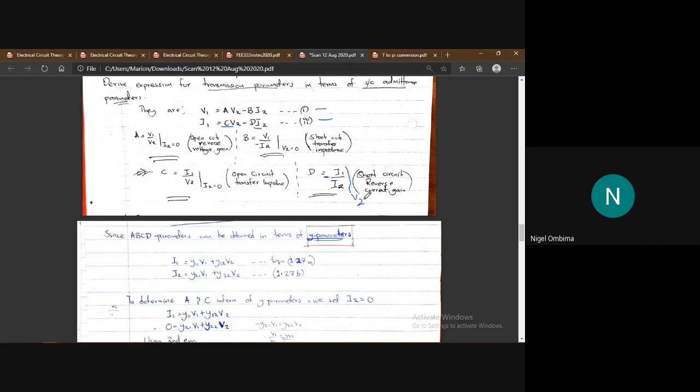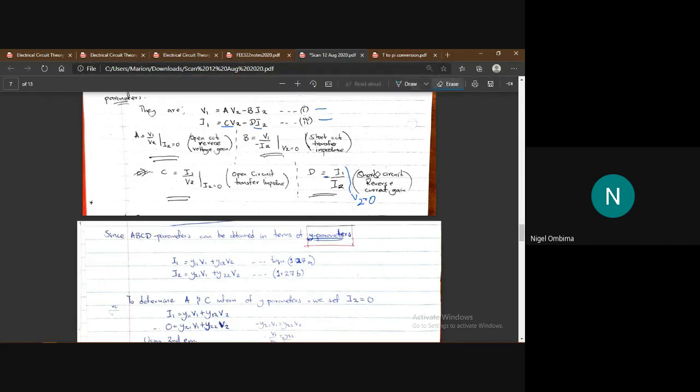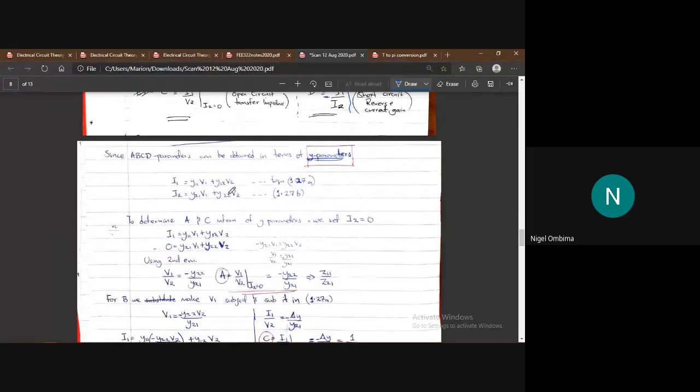V2 itakuwa 0 hapa. You can just mnaweza pata the concept. This is short circuit reverse current gain because it's input current over output current. Now we're supposed to put them in terms of Y parameters, ndio? So these are the parent equations for Y parameters. Hizi parent equations mzishike ama mweke ma sticky note kwa ukuta kwenye mtafanyia tena.